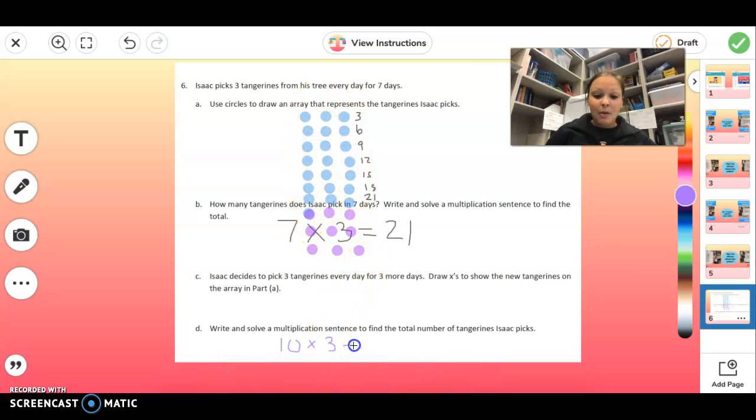And let's figure out how much that equals. So let's just continue counting by 3s. 3, 6, 9, 12, 15, 18, 21, 24, 27, 30. So now I know that he has a total of 30 tangerines. Great job, guys.